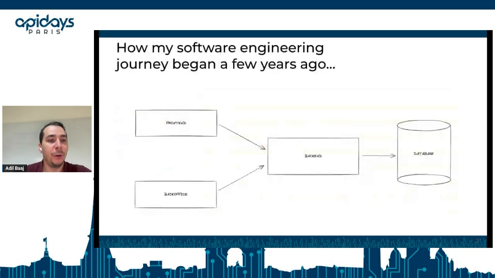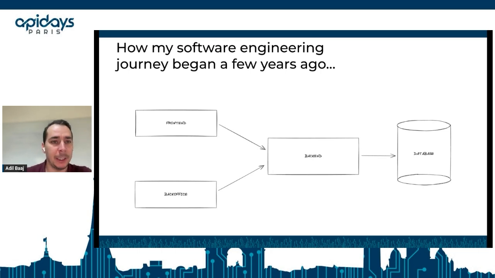A few years ago, this is how my software engineering journey began. I worked on a 2 years old code base, which had a Node.js backend, which exposed a REST API that was consumed by some React clients, and there was a MySQL database as well.